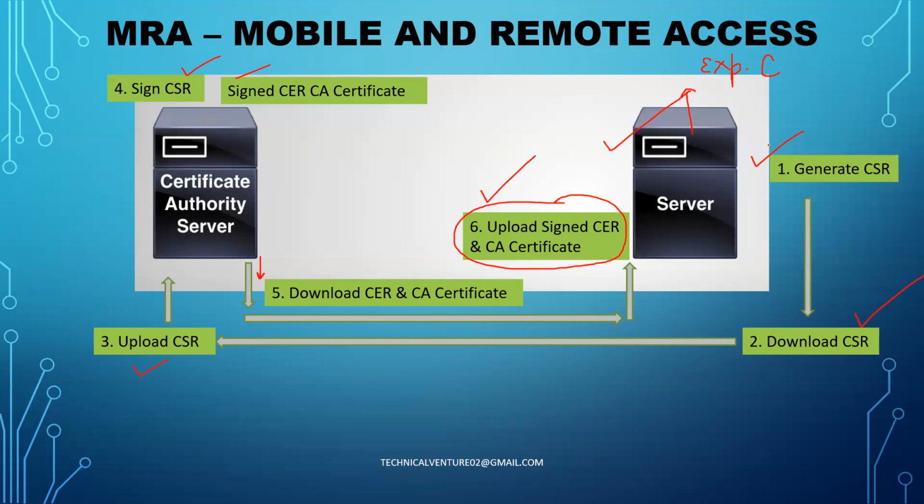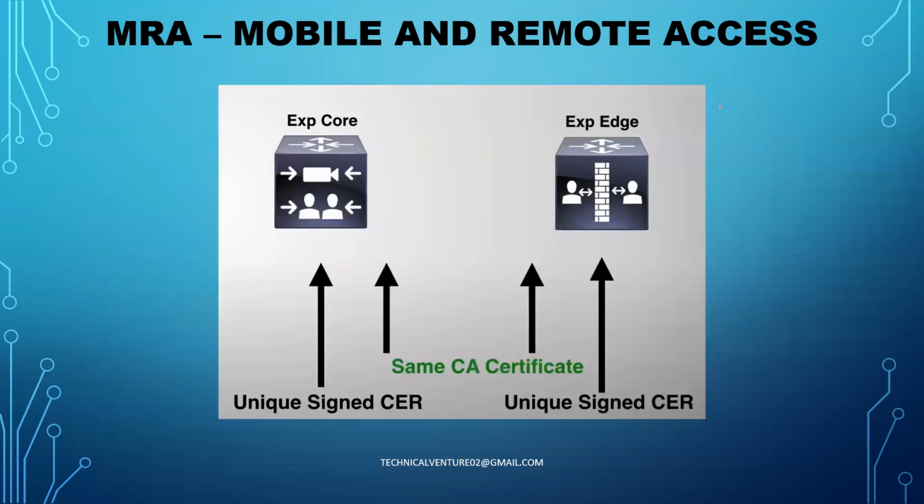And you need to repeat these steps for the Expressway Edge as well. It's not like you need to do it just for one Expressway Core. If you're in a clustered environment, then you also need to do it on the different Expressway Cores and the Expressway Edge, right? As you can see, for this one Expressway Core and Expressway Edge, you need to do the same.